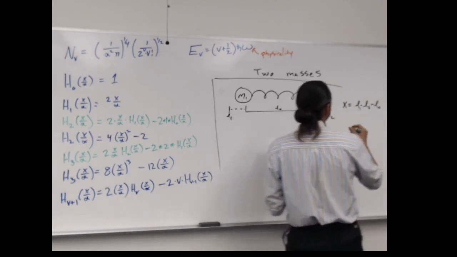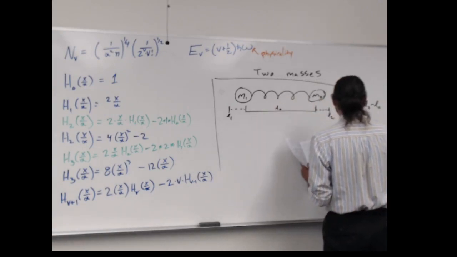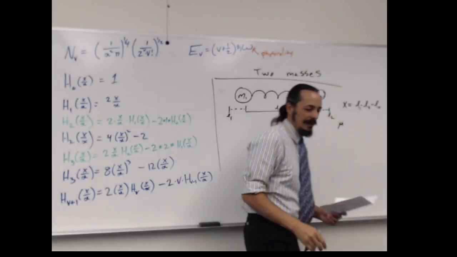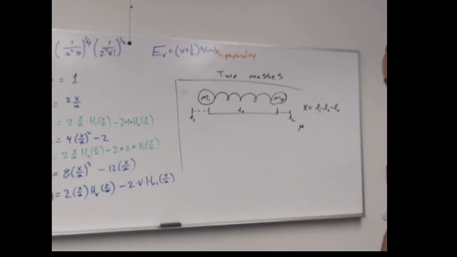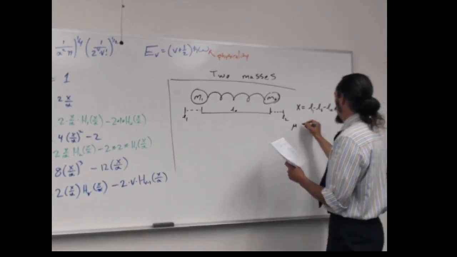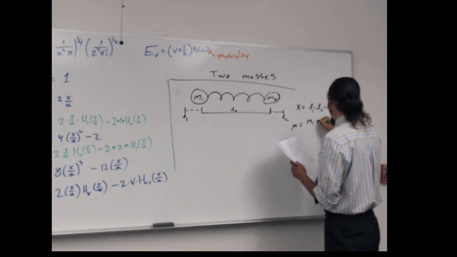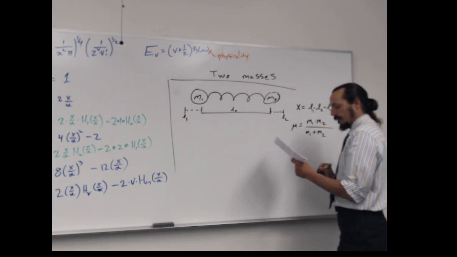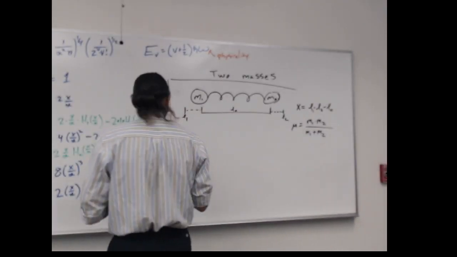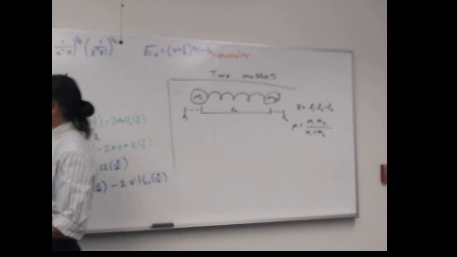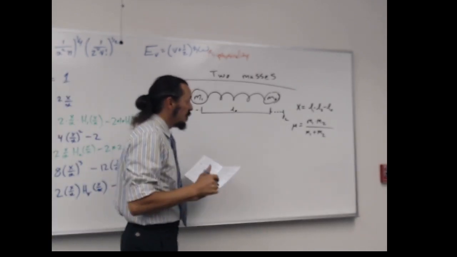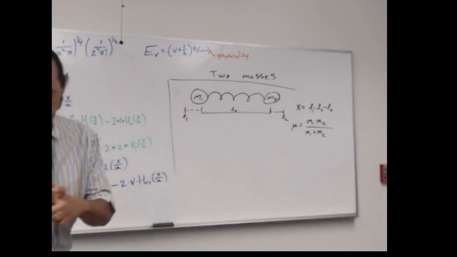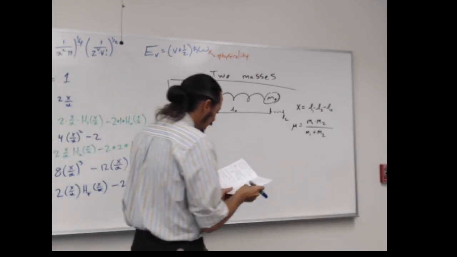And then we define a second thing to deal with the fact that we have two masses. We use the Greek letter mu, the lowercase mu, and this is the reduced mass. It's just going to be m1 times m2 over m1 plus m2. After we define those two things, we go through the whole same problem again with these new things. All of our masses get replaced by mu. So our Hamiltonian changes slightly.